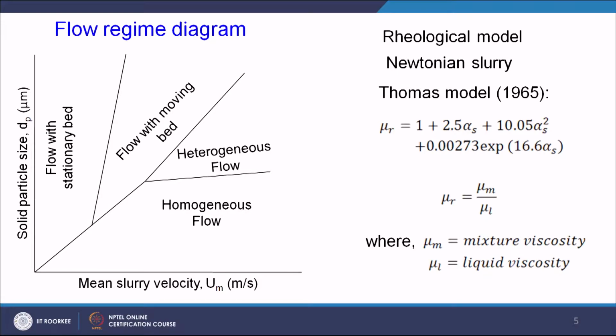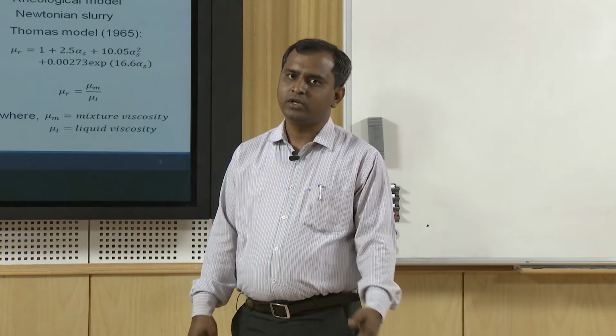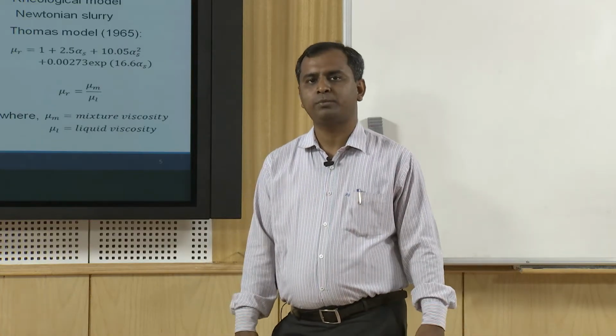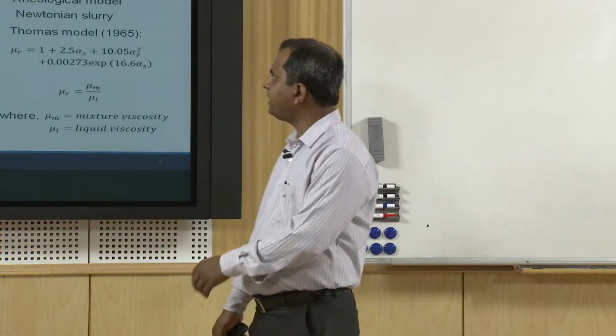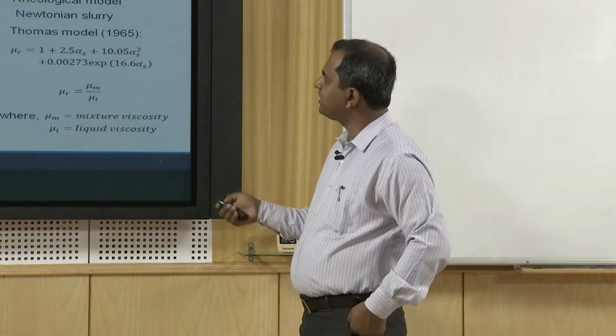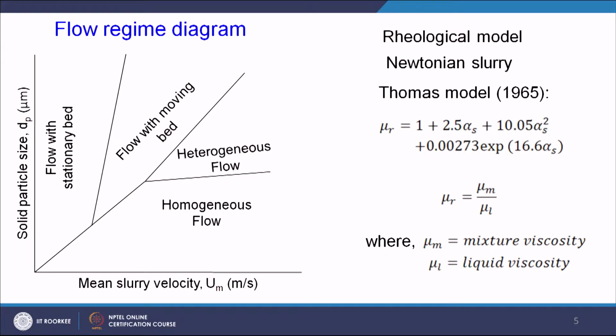First I will show you a Newtonian slurry, that means homogeneous, but the fluid still behaves as Newtonian, so shear stress and strain are proportional to each other. In that case, the viscosity follows a famous model called the Thomas model. Thomas gave this model for finding the viscosity in 1965.